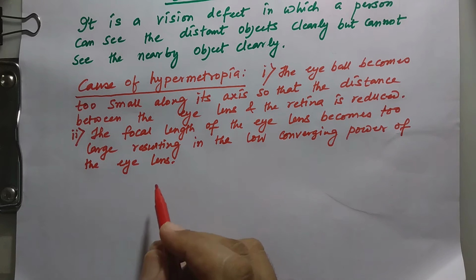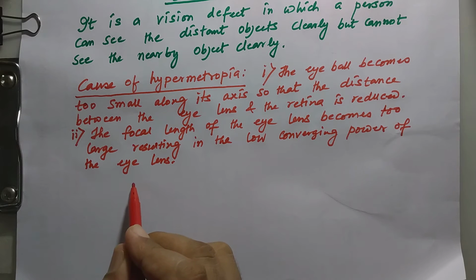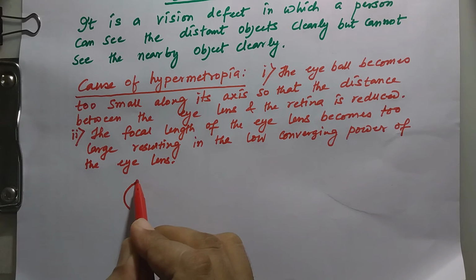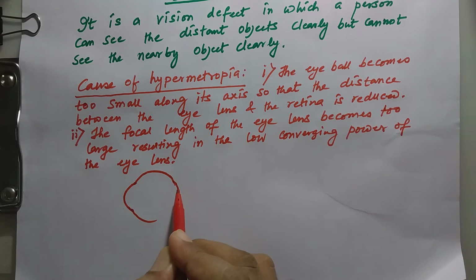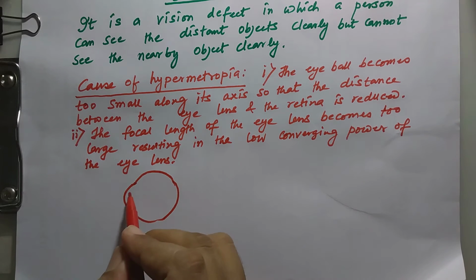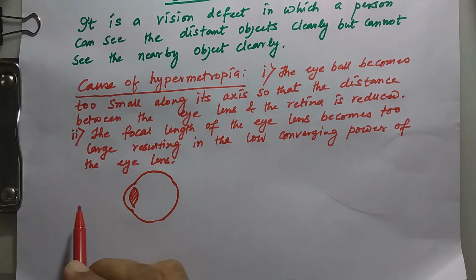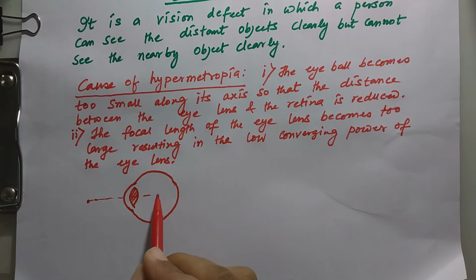That means, suppose this is your eyeball. This one is the lens. This is the axis.